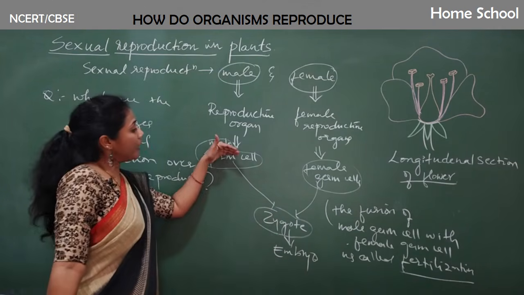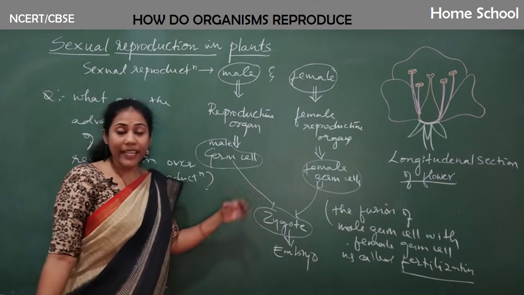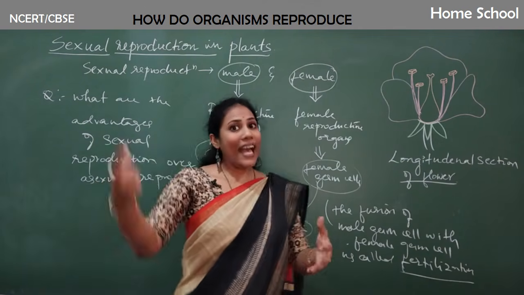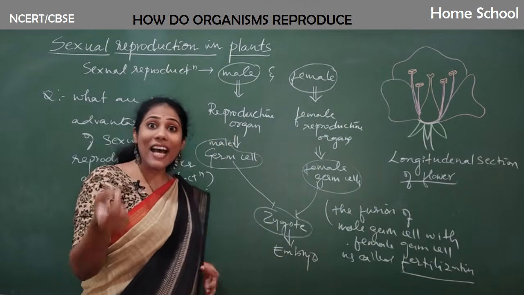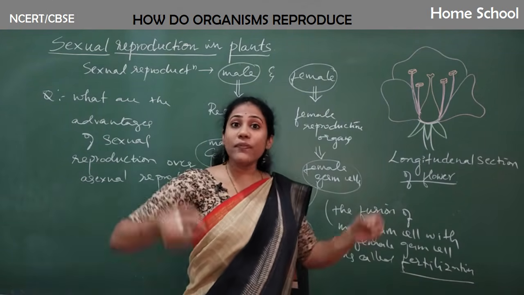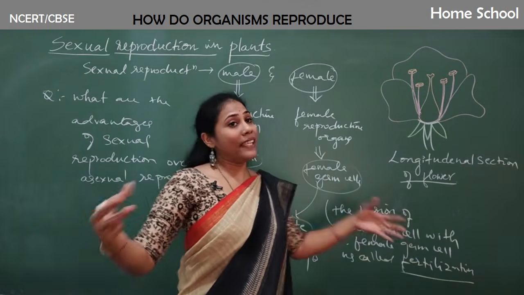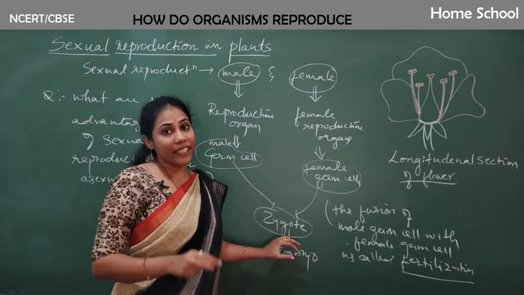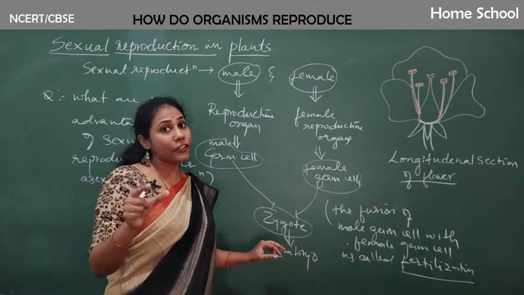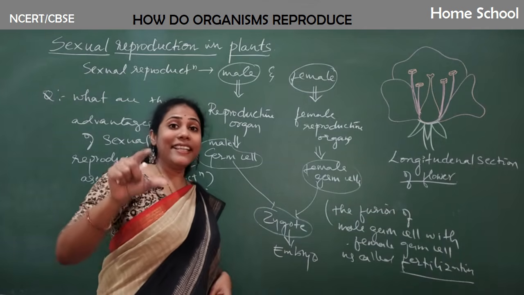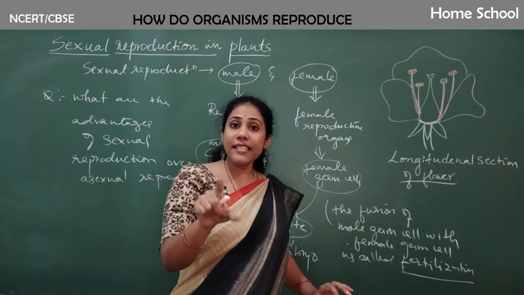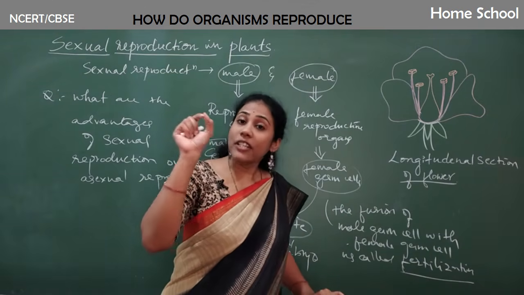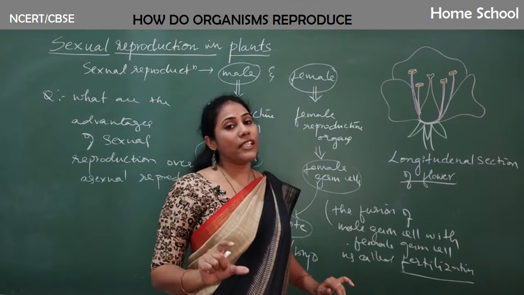During the copying of DNA, certain characters from the parents get passed, and certain characters which are very different from the parent can also be observed in the new individual. So inheritance can be observed in sexual reproduction. At the same time, variation can also be observed.